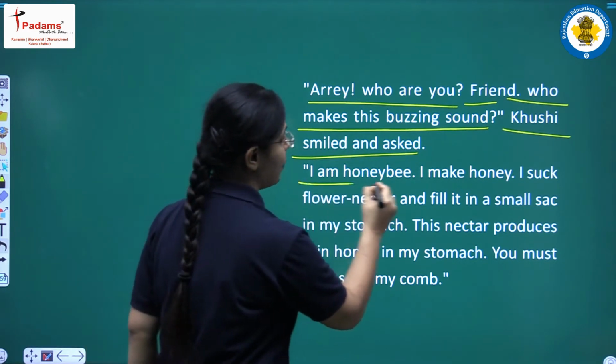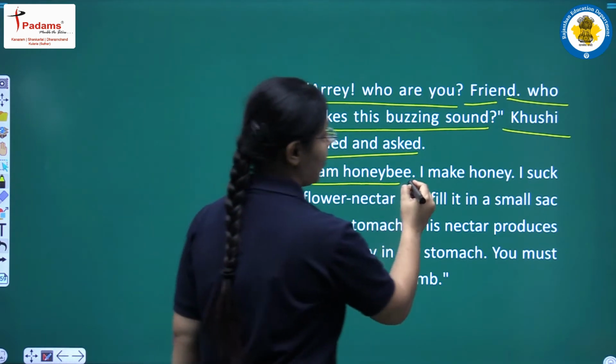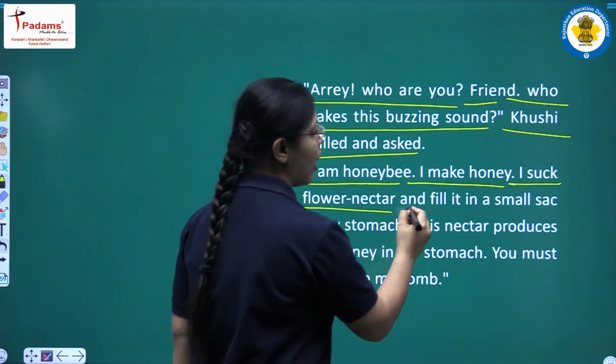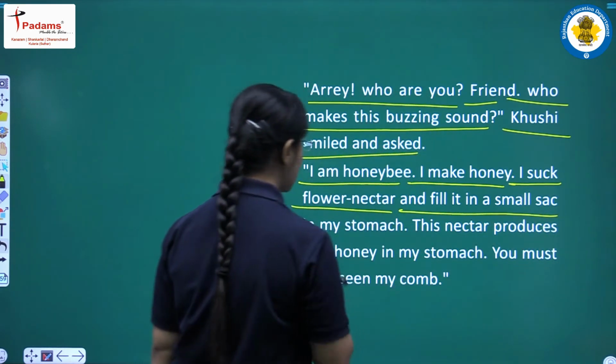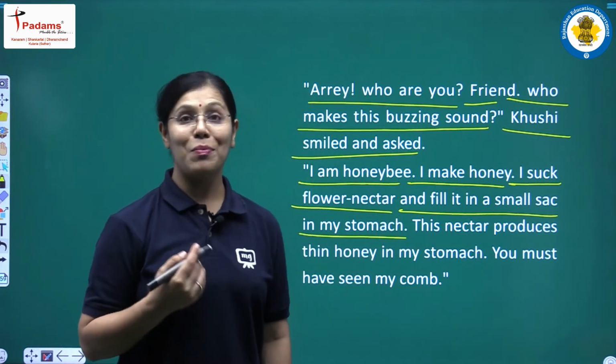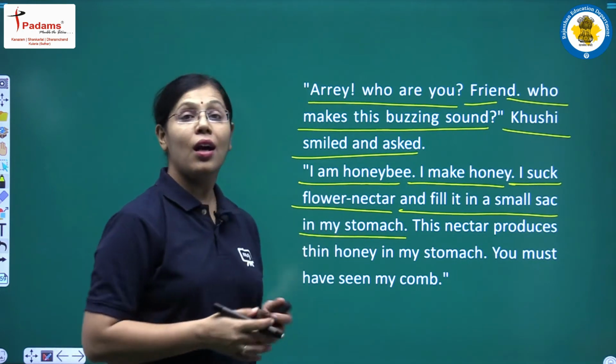I am a honeybee. So, the honeybee replied, I am a honeybee. I make honey. I suck flower nectar and fill it in a small sack in my stomach. How do I make honey?